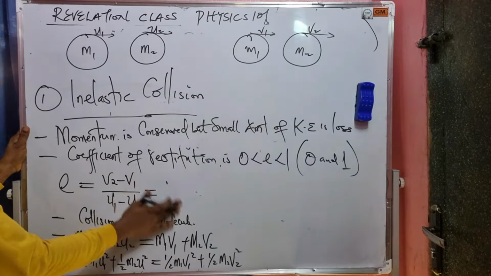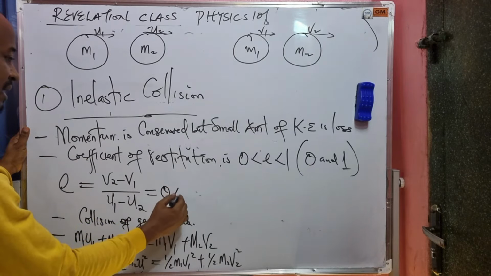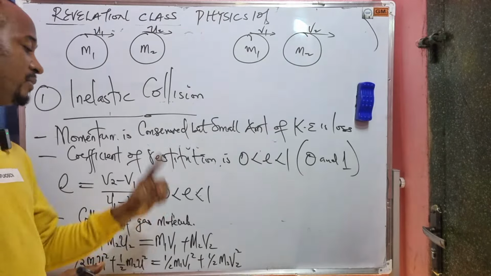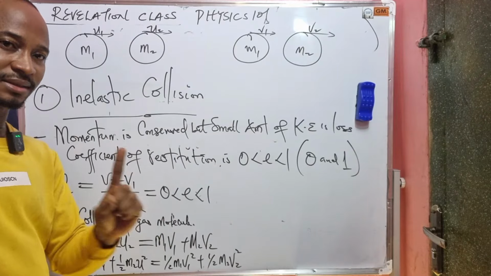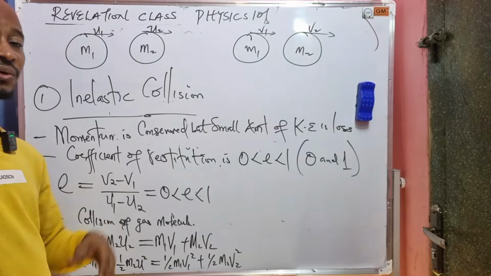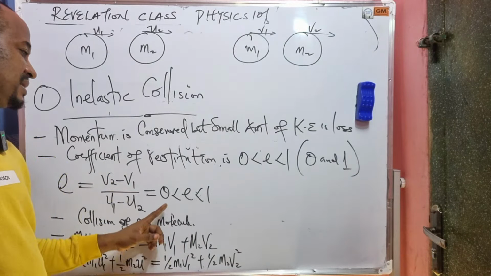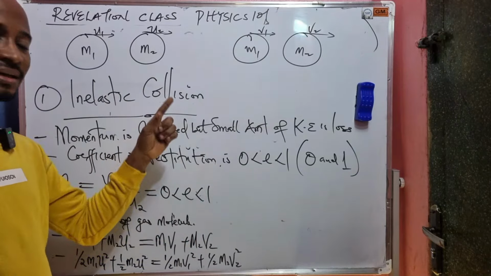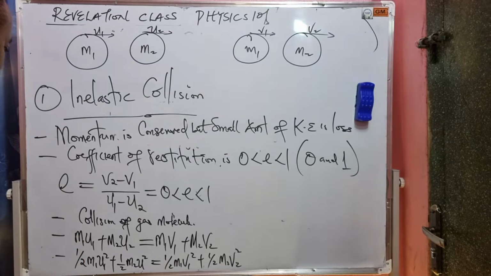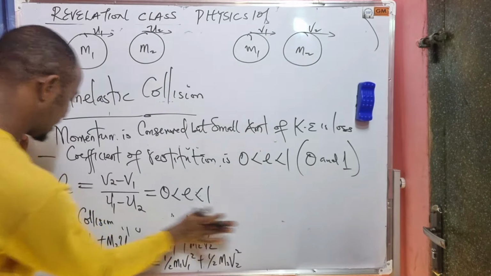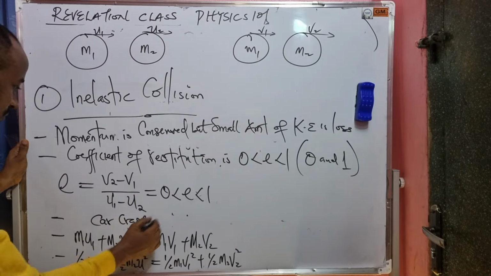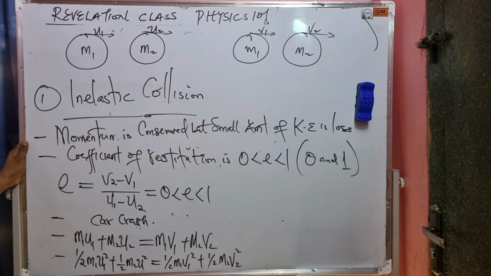So our value of E is simply 0 less than E less than 1, meaning it must not be 0, it must not be 1. It can be 0.1, 0.2, 0.3, 0.4 to 0.9. But once it is 1, 1 means elastic. 0 means completely inelastic, right? Then a good example is a car crash, when two cars collide together.